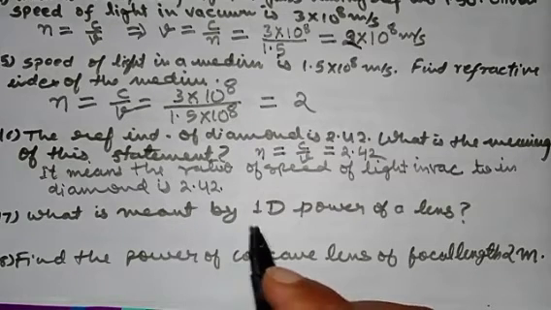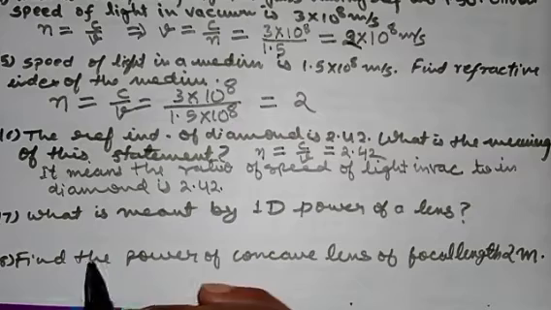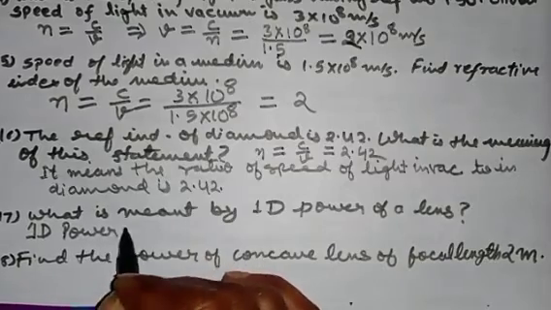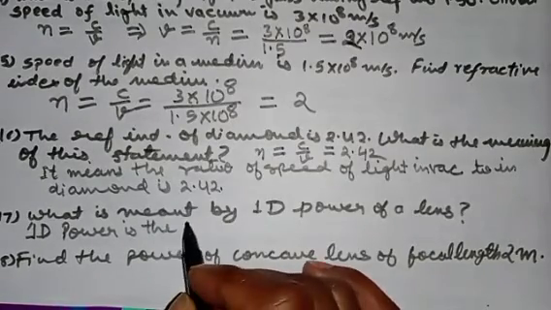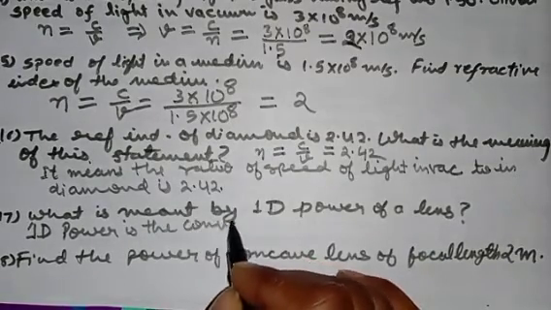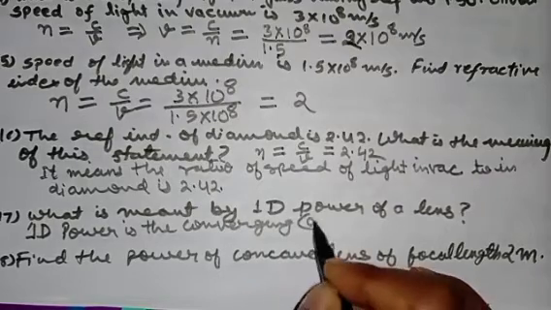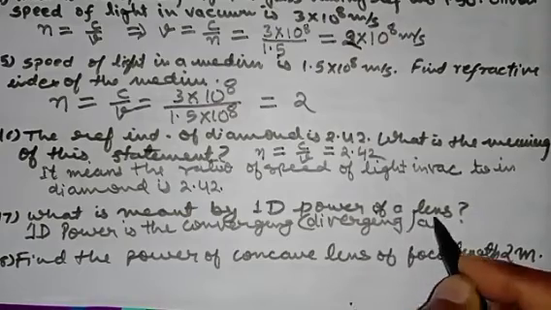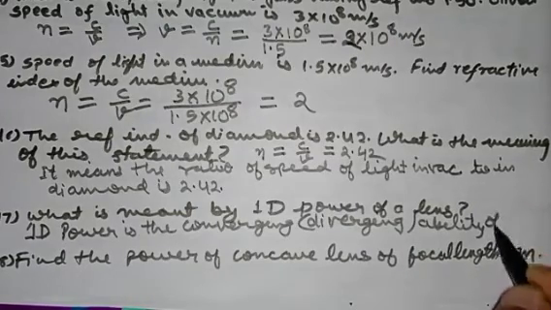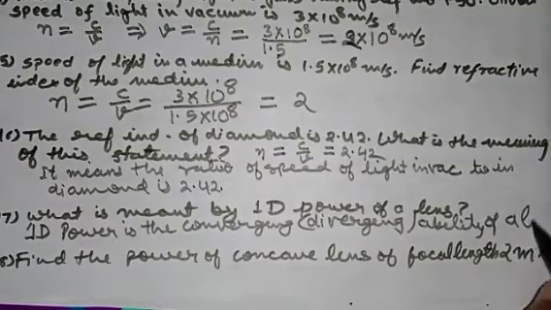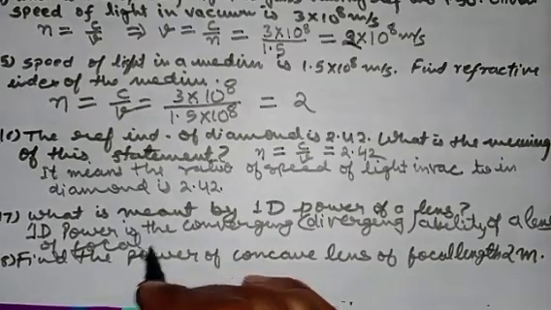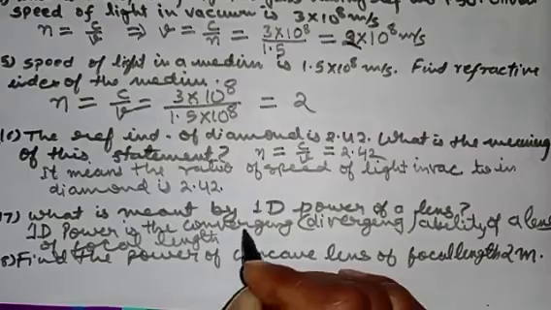What is meant by 1 diopter power of a lens? So 1 diopter power is the converging or diverging ability of a lens of focal length 1 meter.